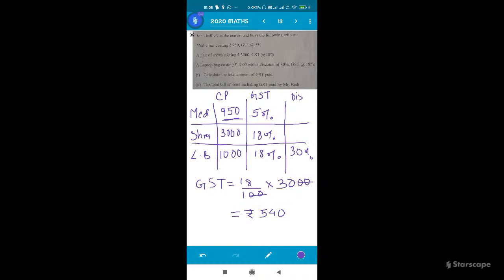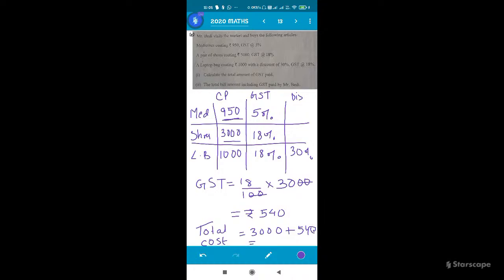This is the GST only. Now if he buys it, he will have to pay a larger amount compared to the cost price, which will be the cost price plus GST. He has to pay the GST along with the cost price. So the total cost will be, just like we did previously, the initial CP was 3000 and the GST amount was 540.